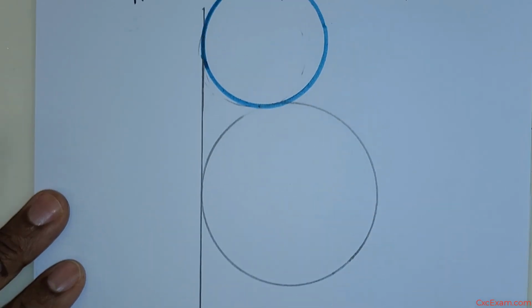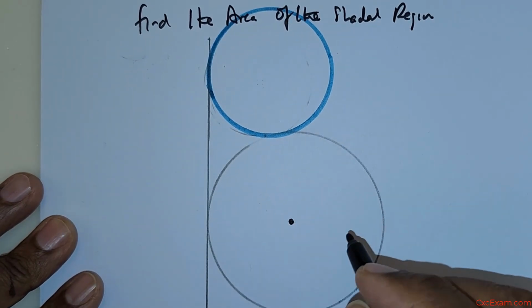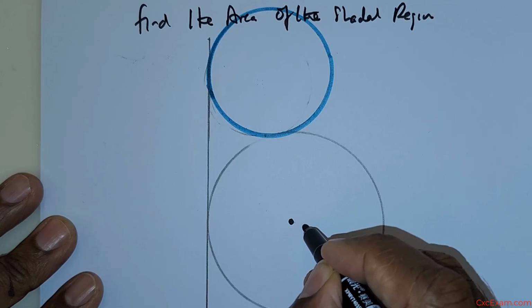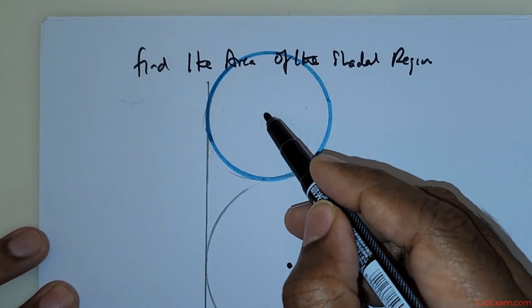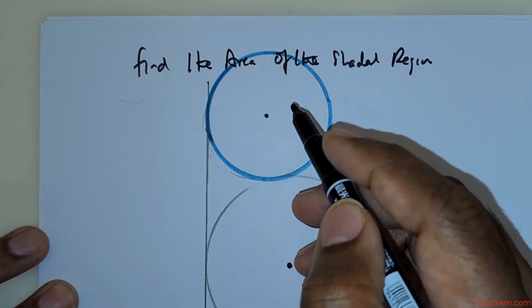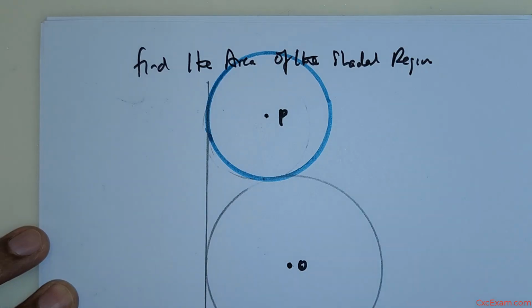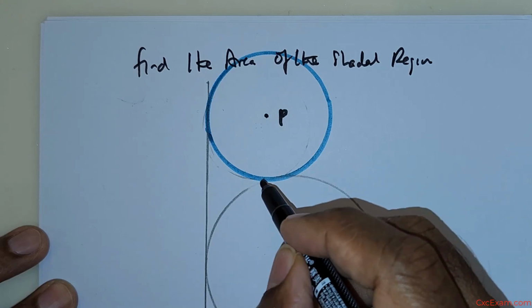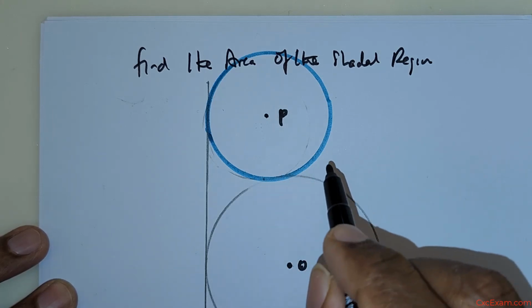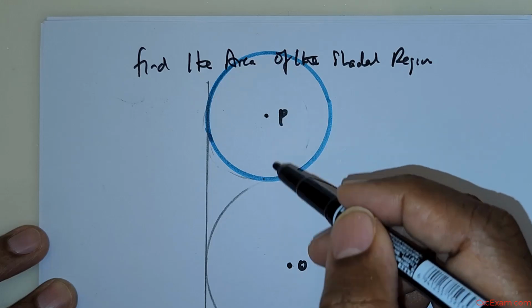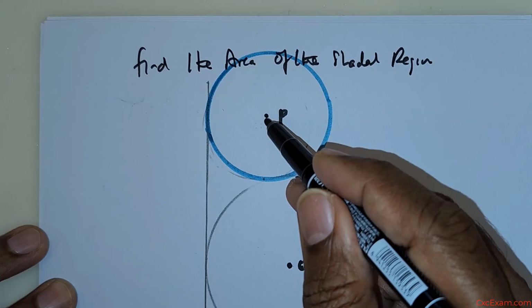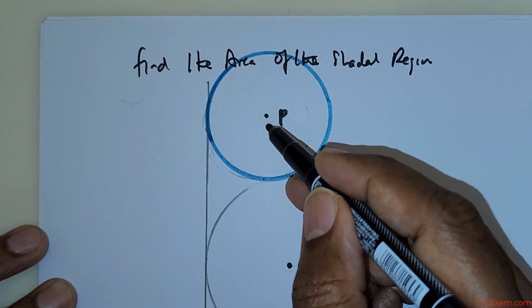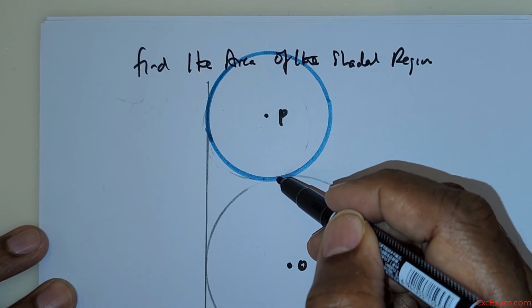Okay, so I'm going to take this as a center. This is going to be O and this as the center, and this is going to be P. Now since there is a point of tangency between the circles, if I were to draw a line connecting the centers, then the line that I use will actually pass through the point of tangency.